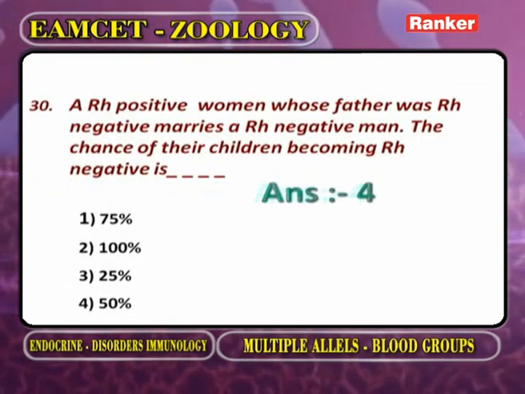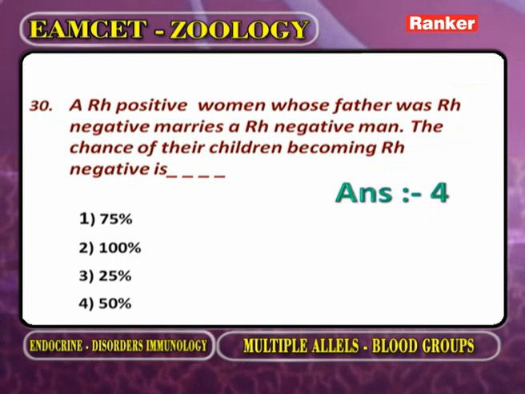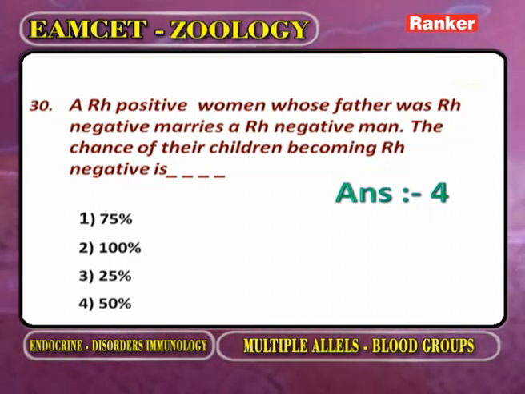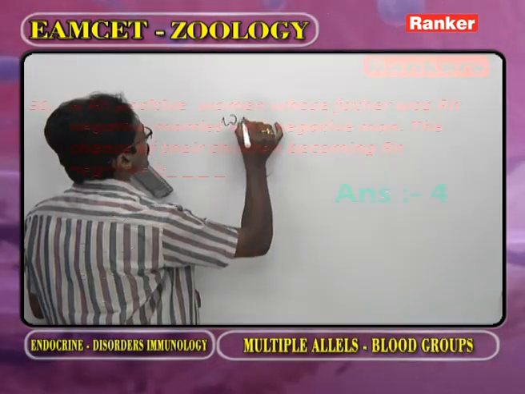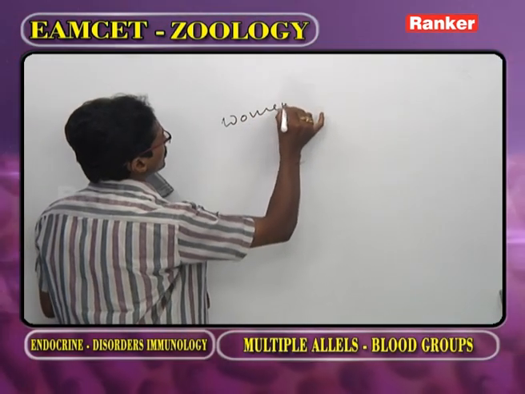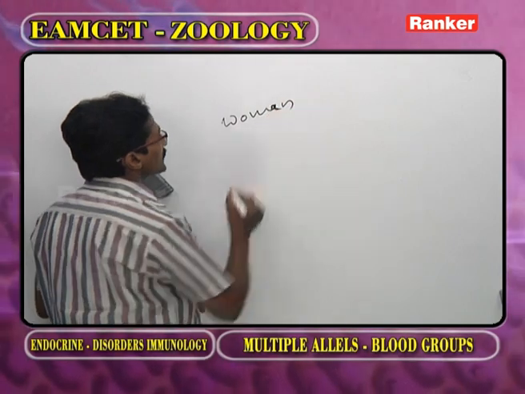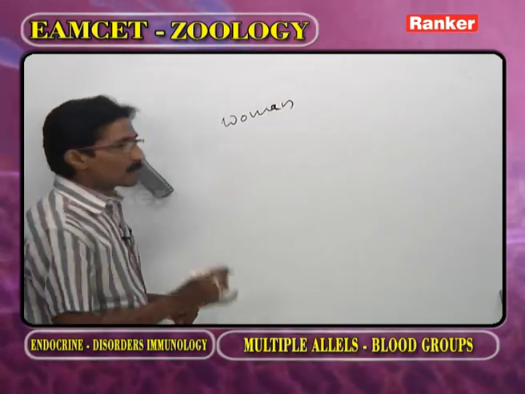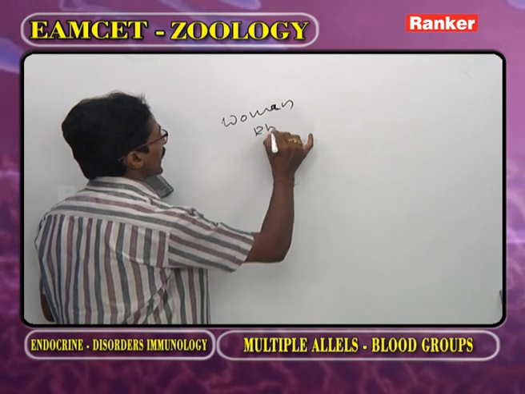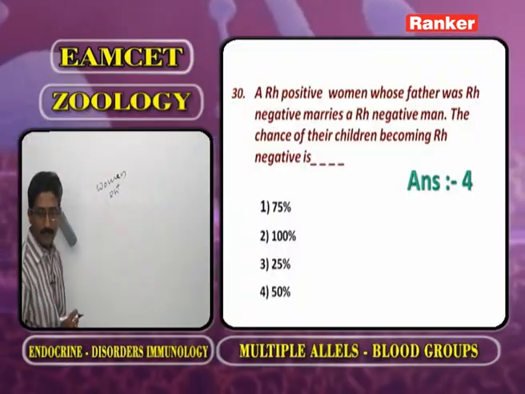The next one is a Rh positive woman. You observe the question. Here the woman, as we observe, is Rh positive, that means she has Rh antigen.